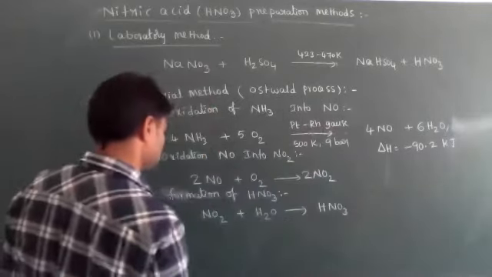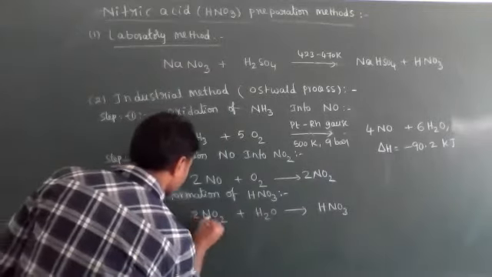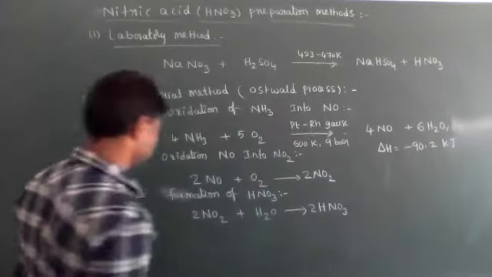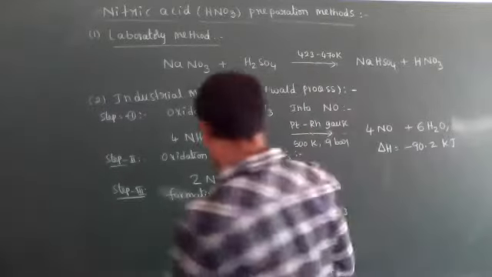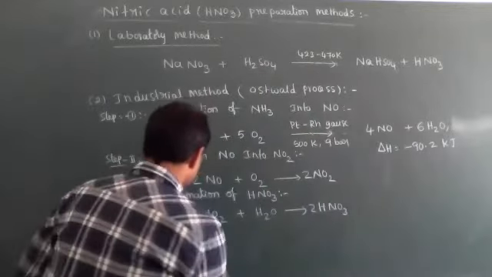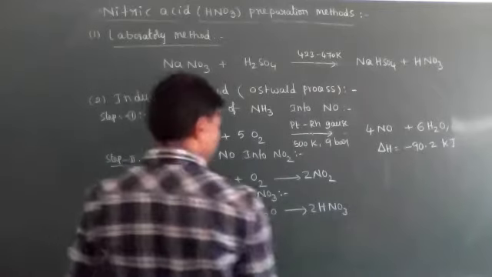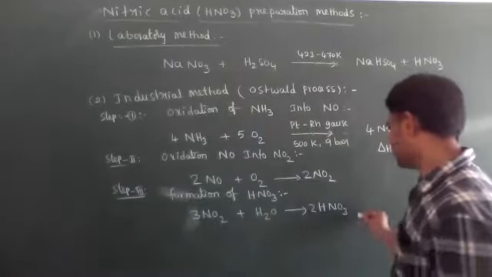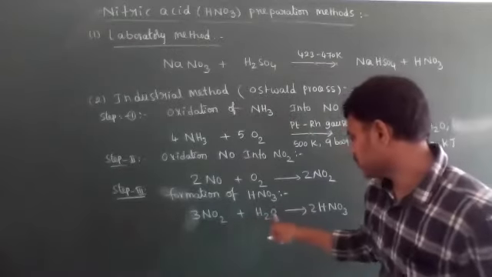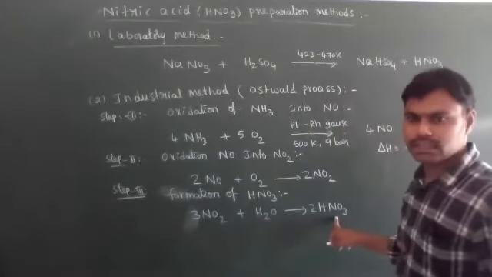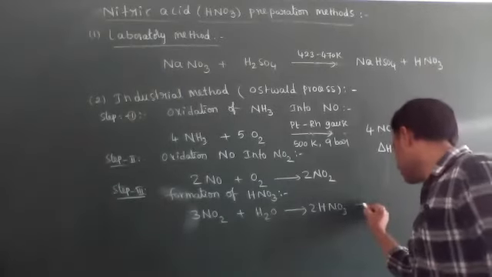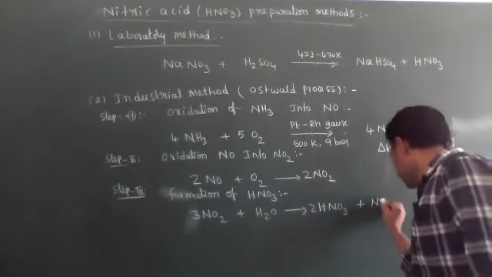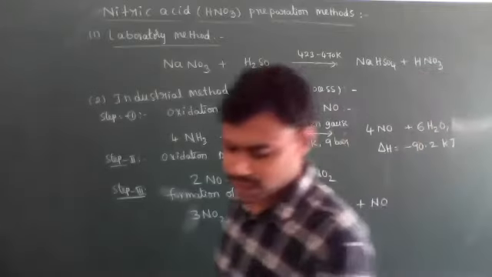So 3 moles of NO2 we need to take, with water, giving 2 moles of HNO3 plus 1 NO. Already 6 oxygen atoms are over, and 1 nitrogen and oxygen, NO, will form in this step.